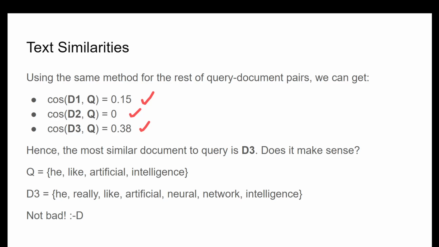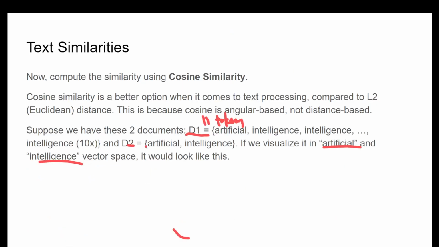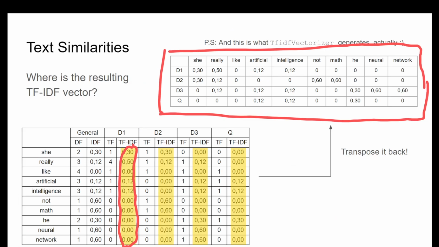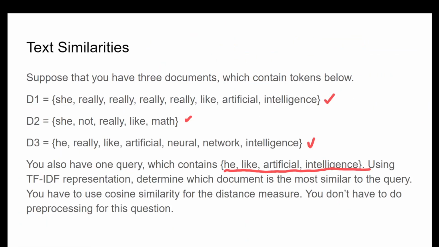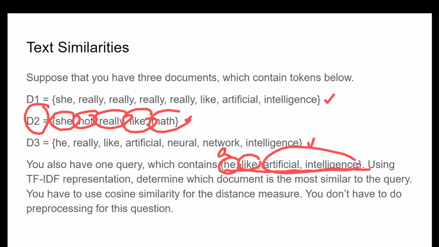If you take a look closely at D2 and Q, why the value is 0, it is basically because D2 and query, this is query, right? It's not the same. Really, they don't have much in common with this query. We got one intersection between these two, math, and it is different from this artificial intelligence.